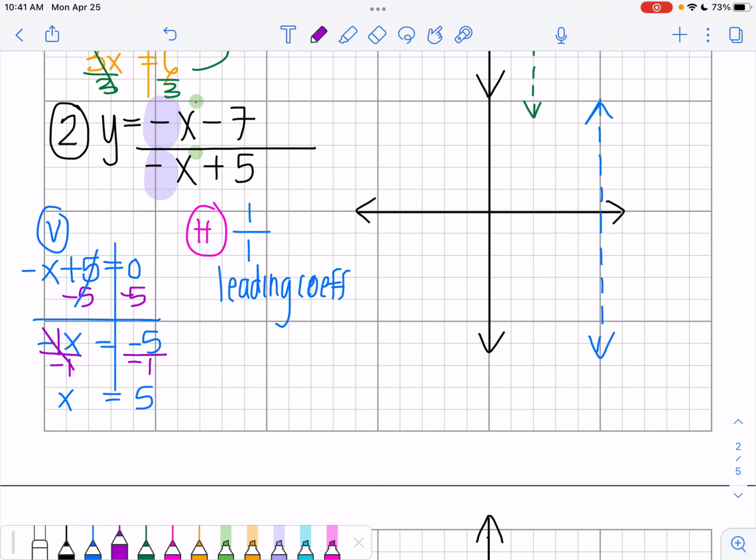My number in front of my numerator is negative 1. The leading coefficient in front of my denominator is negative 1. So my final answer, negative 1 divided by negative 1 is positive 1, means that my horizontal asymptote is at y equals 1, which is right here. So it would look like this. Okay, next.